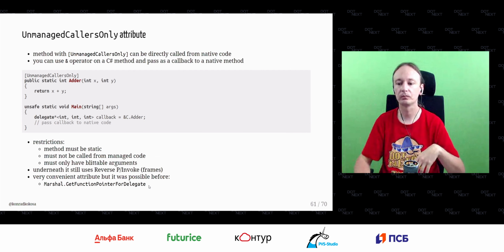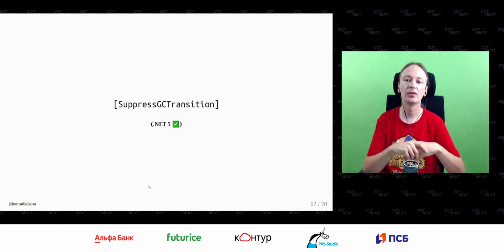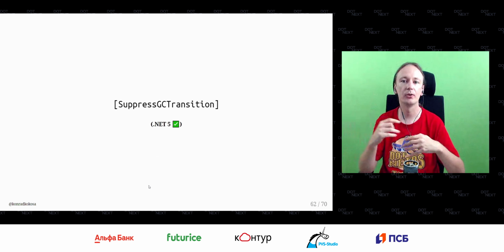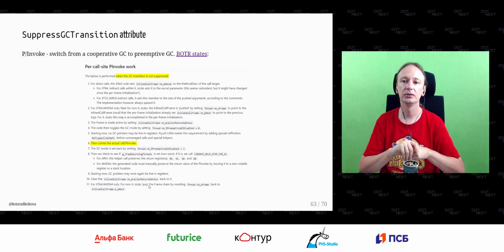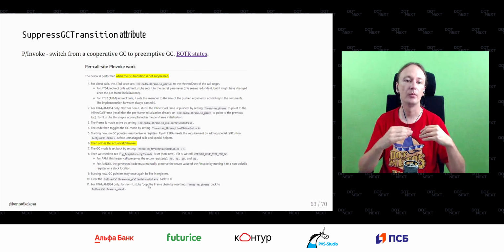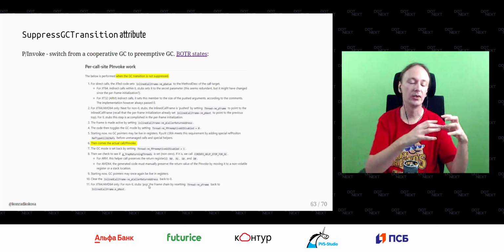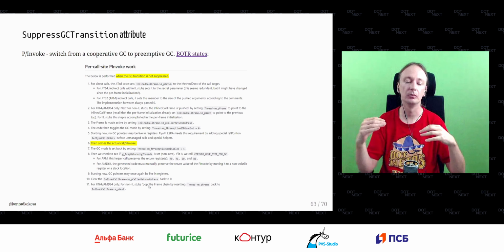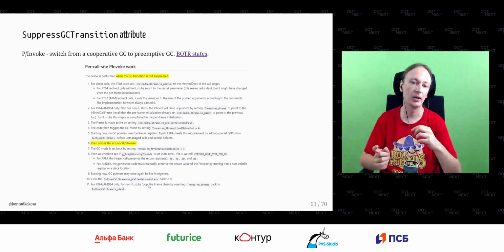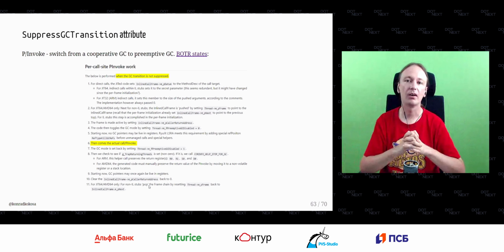So that's nice. Another thing is SuppressGCTransition, also already merged into .NET 5, so it will be available from the very beginning. It matters when you call a P/Invoke method. So you have C# code and you are P/Invoking some imported unmanaged code, so now we are talking about the different direction.